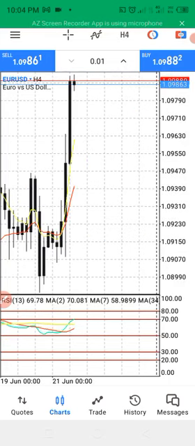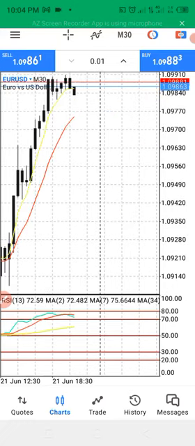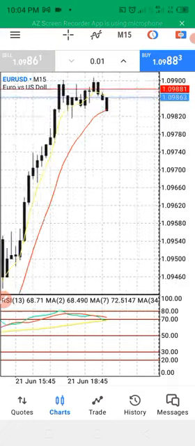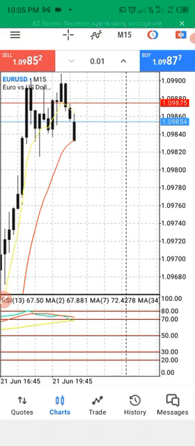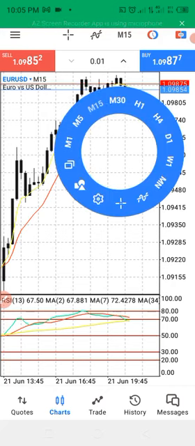It's showing me a buy. I've taught you that once the yellow line is above the red line, it is a buy. Then 1 hour buy, 30 minutes buy, 15 minutes is also a buy, despite some reversals there, but it's still showing us a buy.